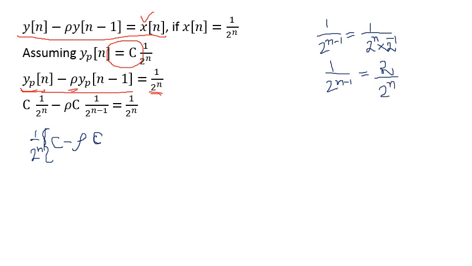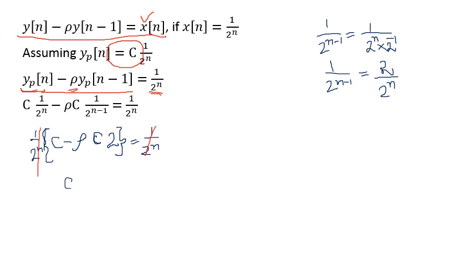So if I replace here, I can see that 2 power minus 1 is basically, now I have taken out this 1 over 2 power n, so I am left here with 2.